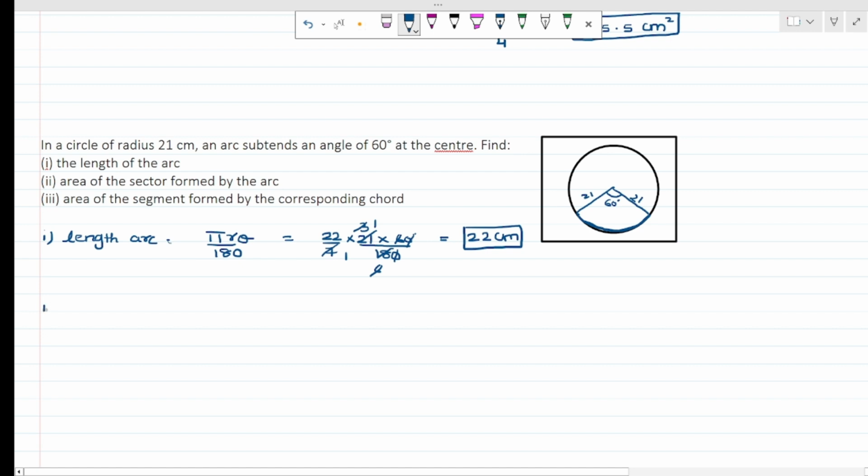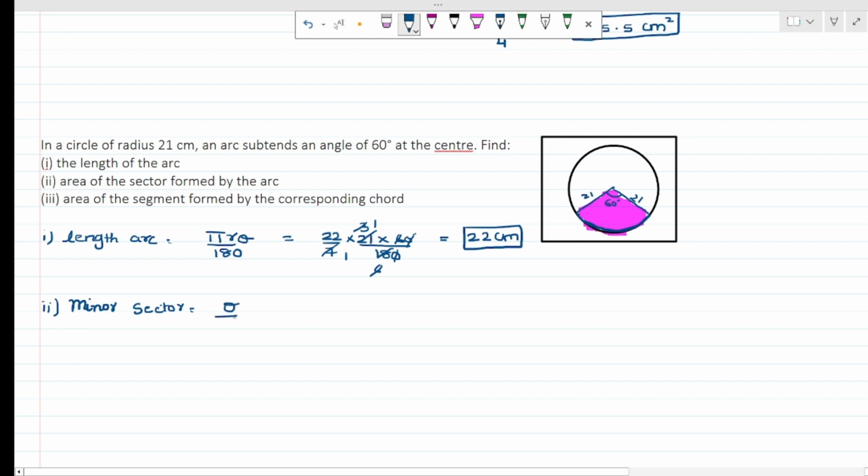Now second question, what is the question asked over here? Area of sector formed by the arc. That means you are asked just for the minor sector. This purple shaded area, find out this purple shaded area. Which is the formula for minor sector? Write down the formula. What's the formula for minor sector? So minor sector is equal to, first of all, what is your theta?